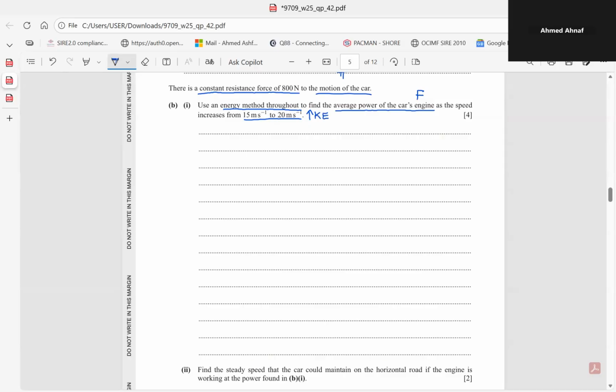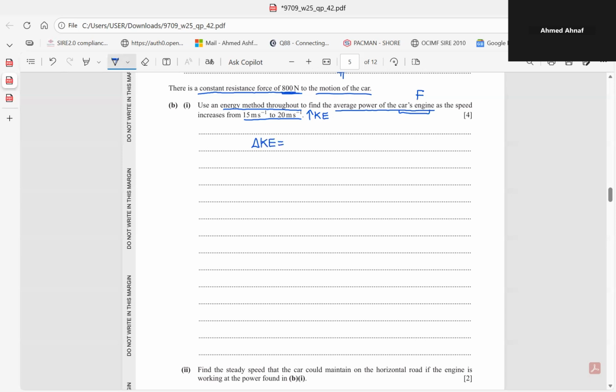And then the work done by the car's engine is converted to KE as well as the work done against the resistive force of 800 newtons. Okay, so change in KE.